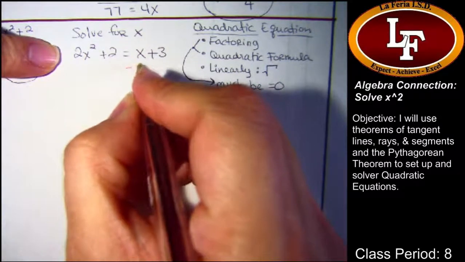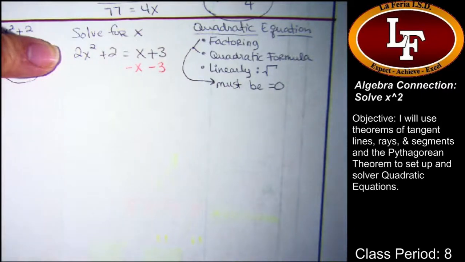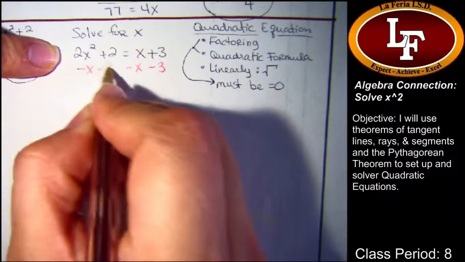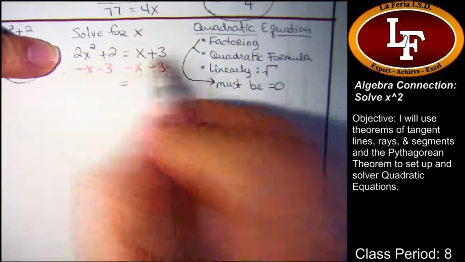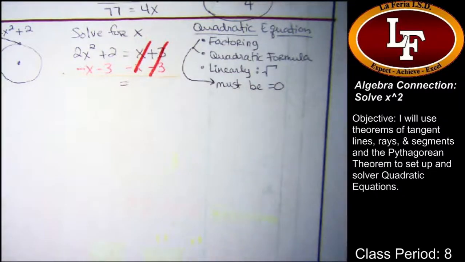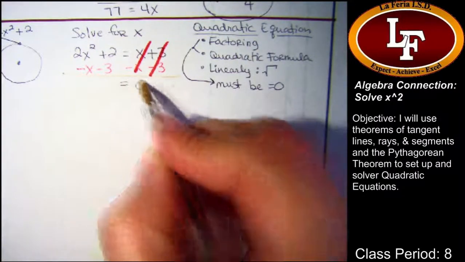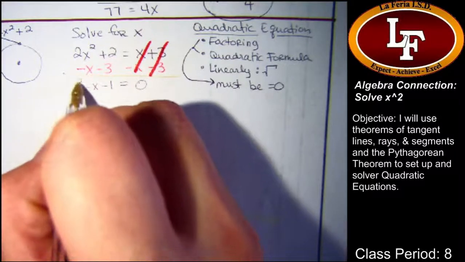I'm going to remove all the stuff on one side of the equation. And whatever I do to it to remove it, I need to do to the other side of the equation. When I have completed this step, I will have a quadratic equation equal to 0: x squared plus 2x squared minus 1.